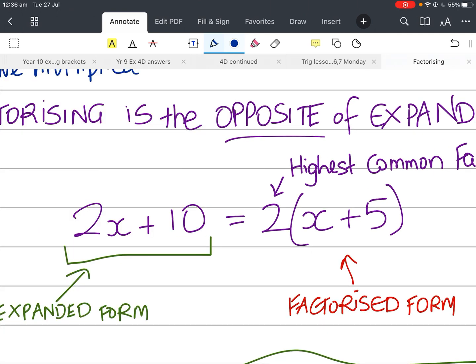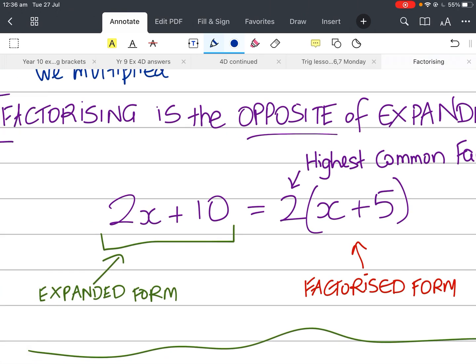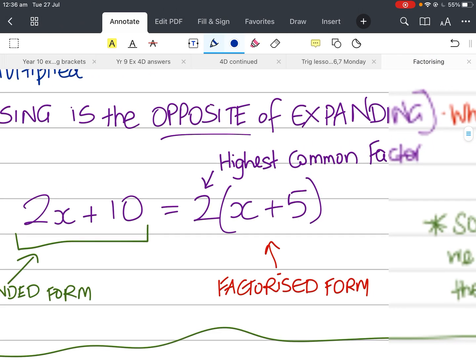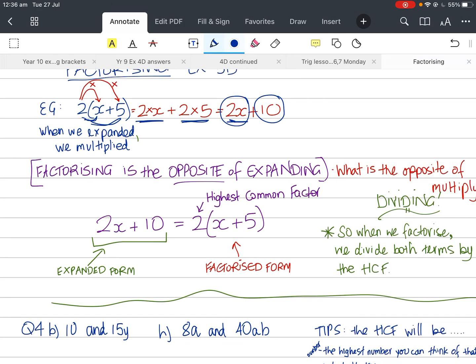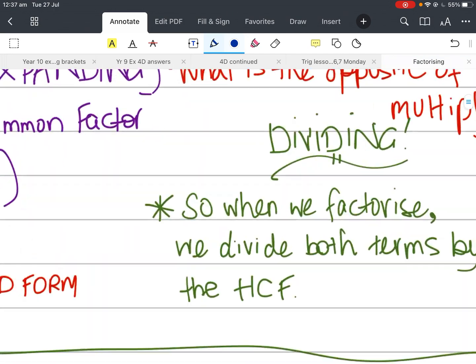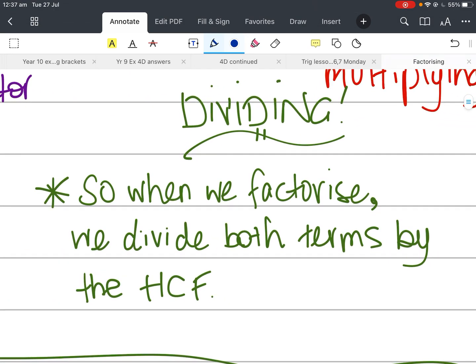Just so you know, the expanded form will be when you have 2 terms like 2x plus 10, and the factorised form, or the factorised answer that you need to get, is when you start off with the brackets. The highest common factor is outside the brackets, and the 2 terms that are left are on the inside of the brackets. So when we factorise, we're going to divide both terms by the highest common factor.